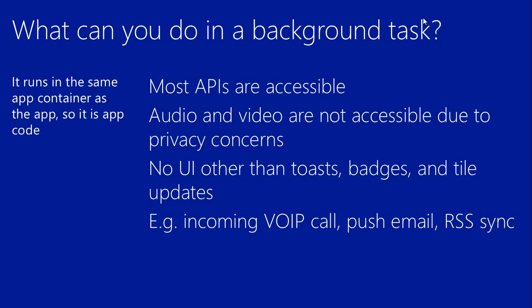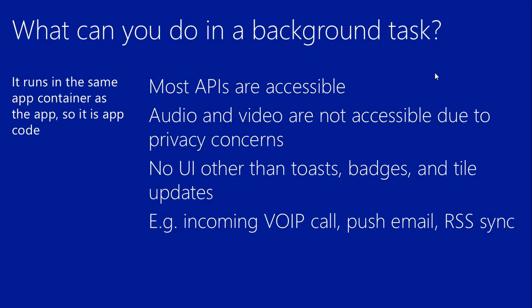Most APIs are accessible as they are. Audio and video are not accessible due to privacy concerns. We do not allow audio and video to be accessible in the background tasks, because what may happen is if you're having a conversation, these background tasks may come up and snoop in your conversation, which is strictly not desirable.